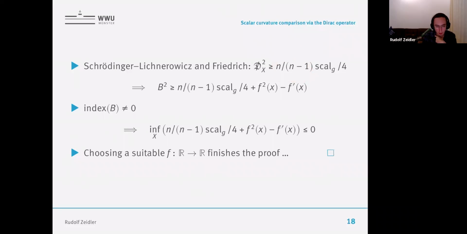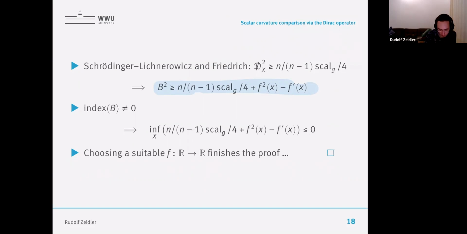In any case, this is important to get the right formulas, but the basic idea is that you have a lower bound involving the scalar curvature. Then combining this with what I had on the previous slide, you obtain this lower bound for the operator B squared, which is now a lower bound in terms of the multiplication operator corresponding to some function.